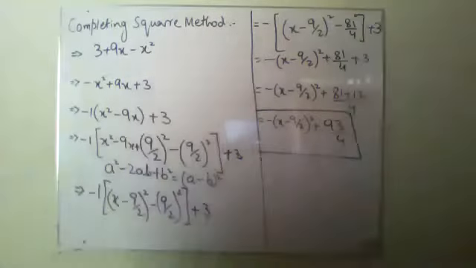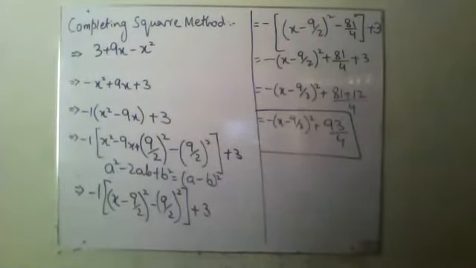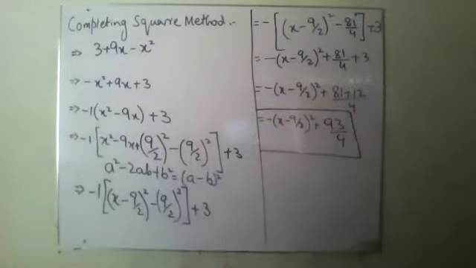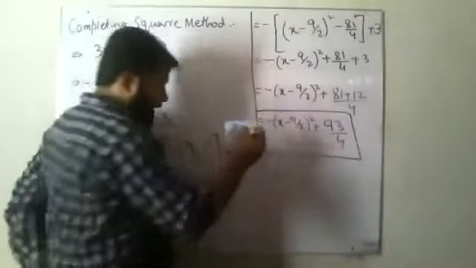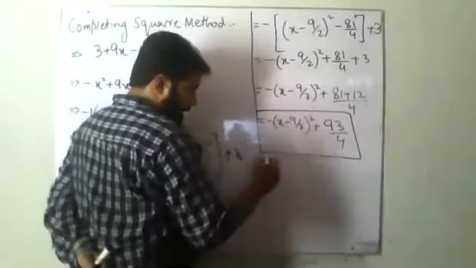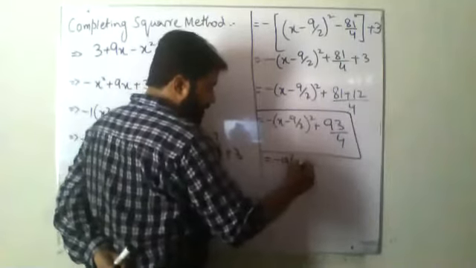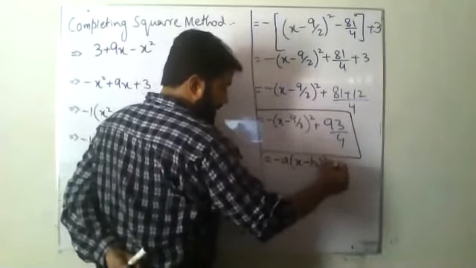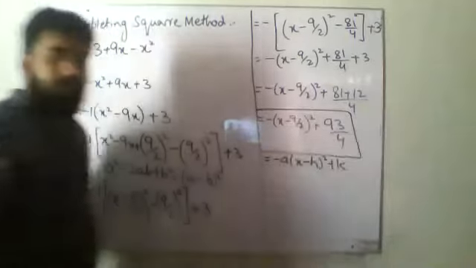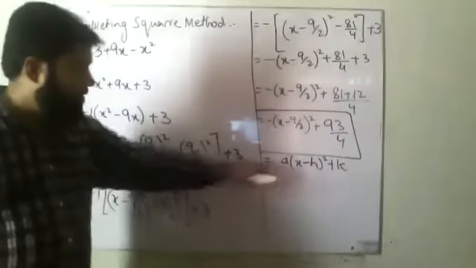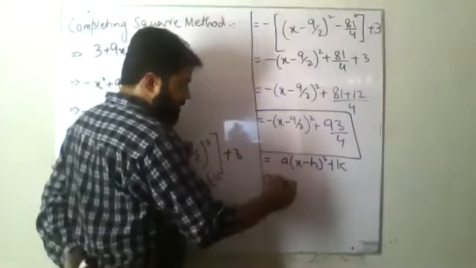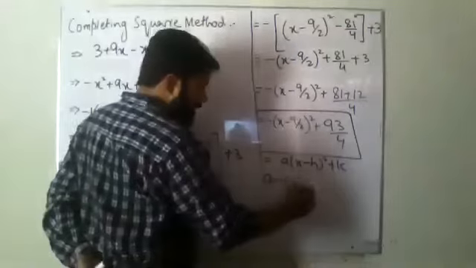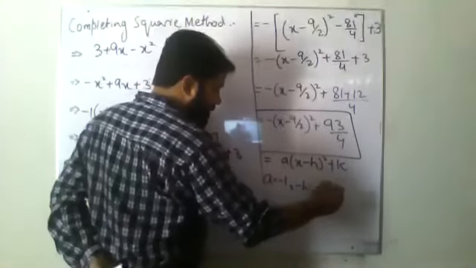Now the second thing the question was saying is to express its extreme value and the value of x when it occurs. So if this is the general form of the completing the square method, when I compare them, a will be equal to minus 1, minus h equals minus 9 over 2.